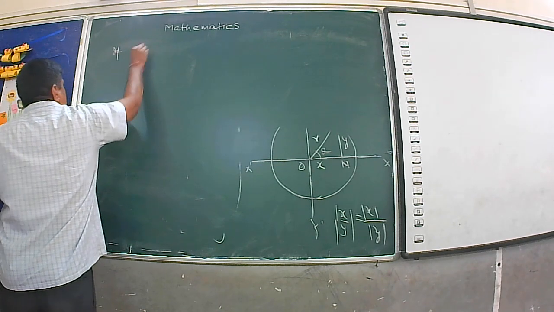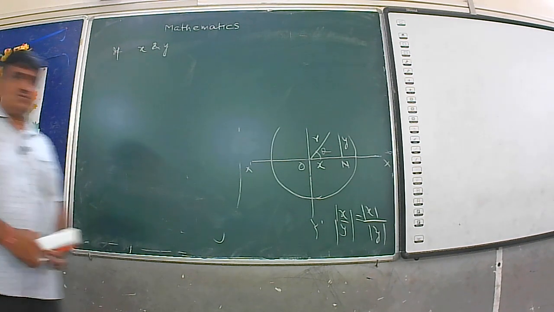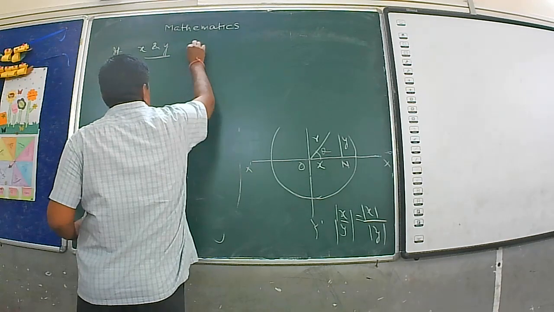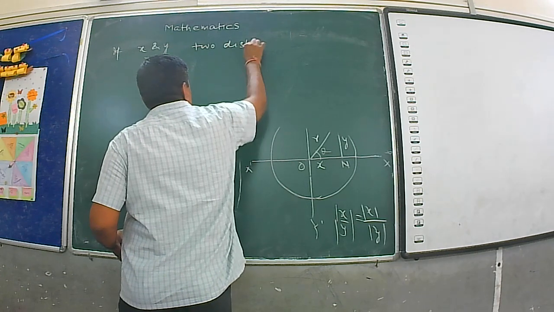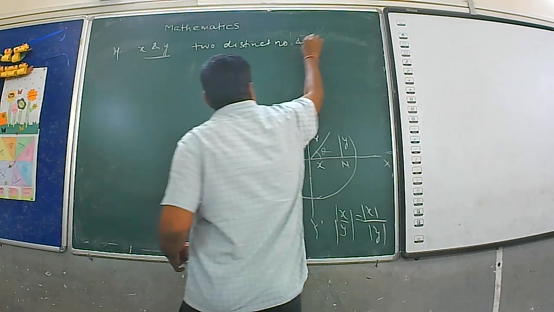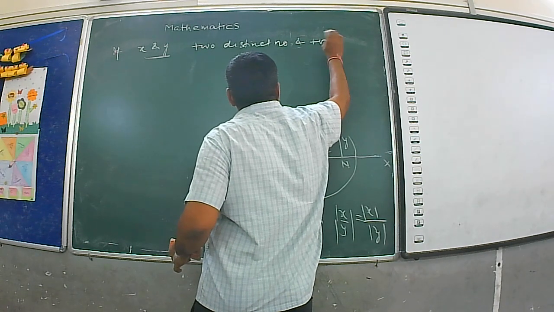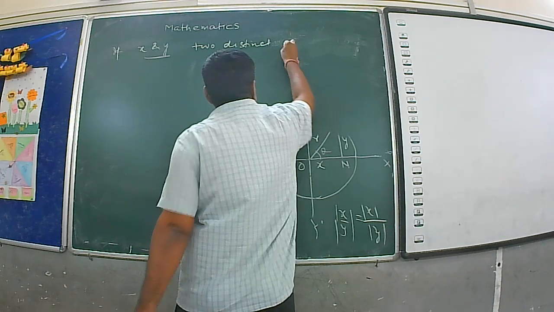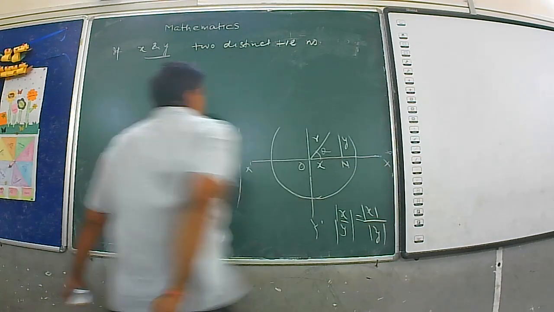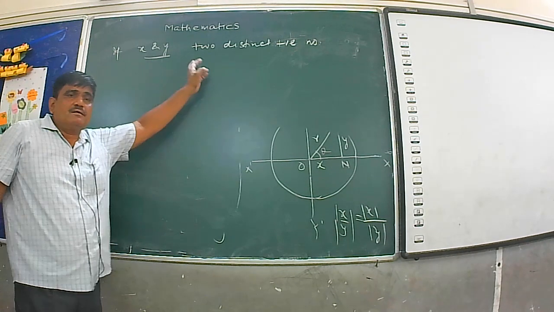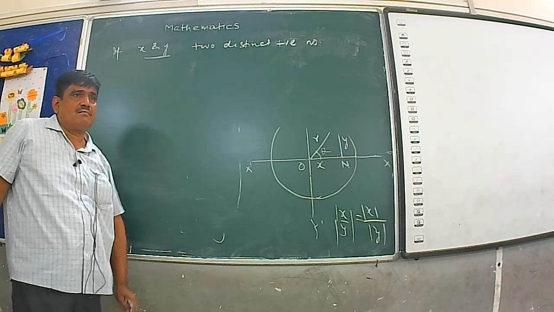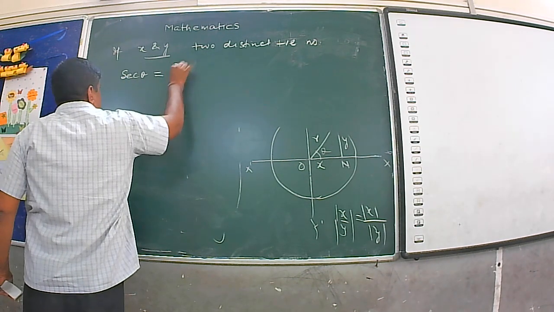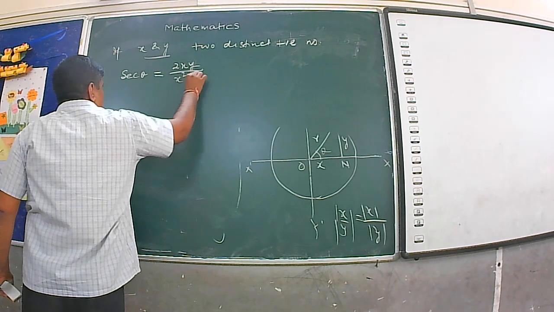If x and y are two distinct positive numbers, then to discuss sec theta is equal to 2xy by x square plus y square.